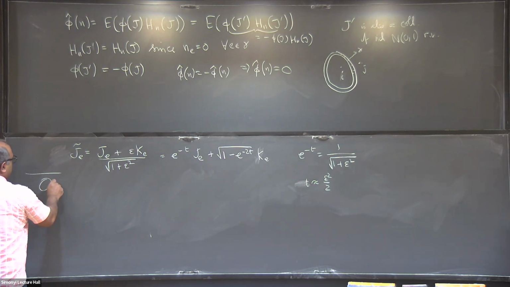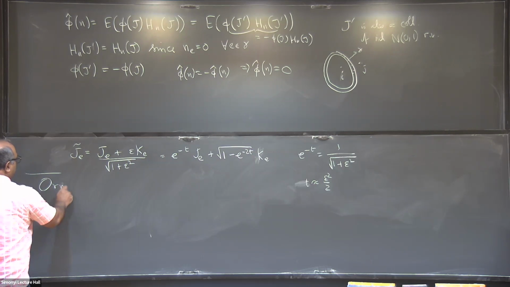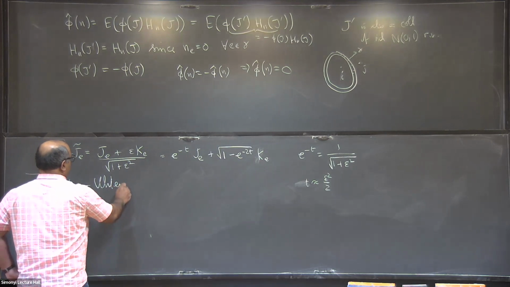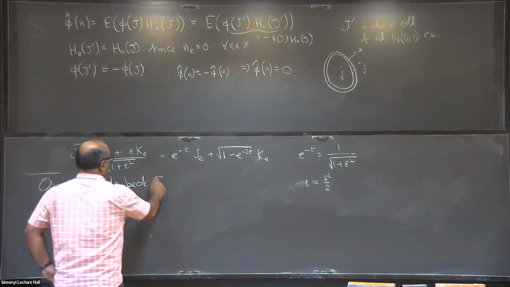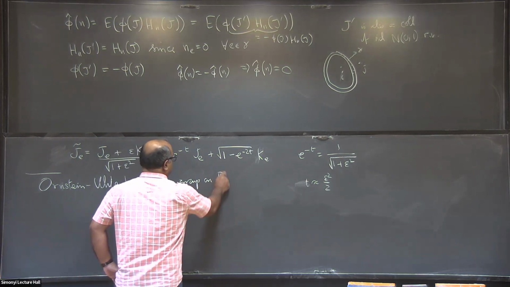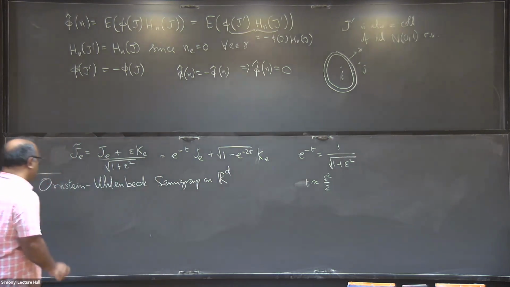So here is the thing. The Ornstein-Uhlenbeck semigroup on R to the D is the following.